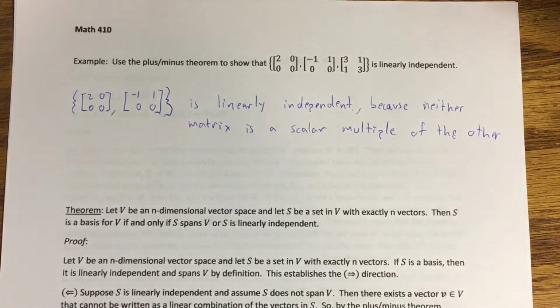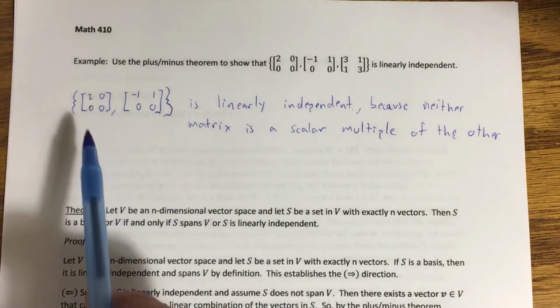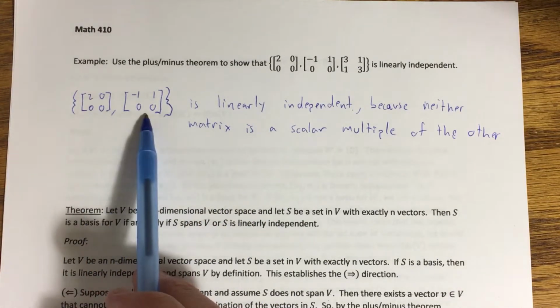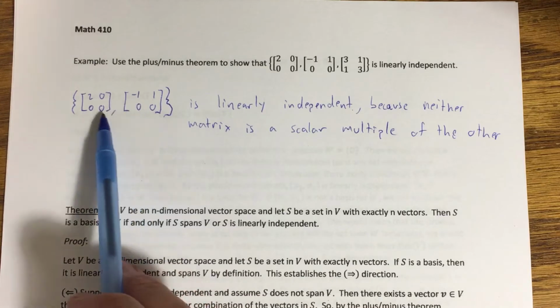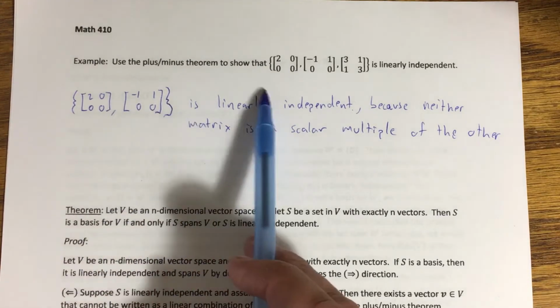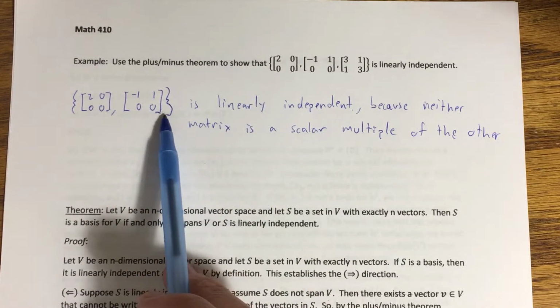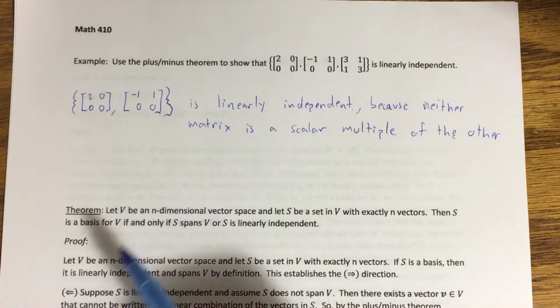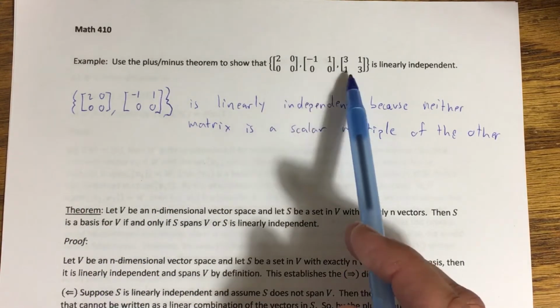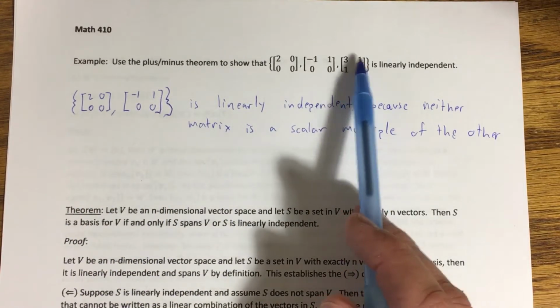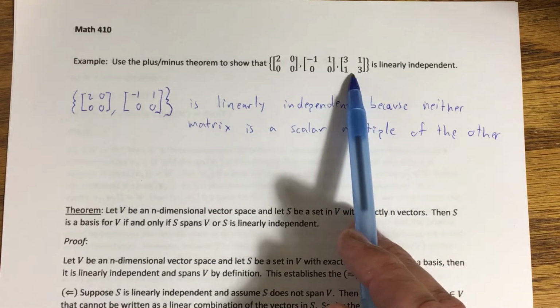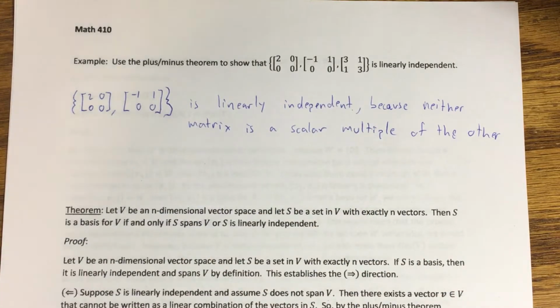So the plus-minus theorem, at least part A of the plus-minus theorem, says that if we have a linearly independent set, and if we take a vector that's not in the span of that set and throw it in there, then that new set would also be linearly independent. Well, in this case, this third matrix right here, [3, 1, 1, 3], is the new vector that I want to add to this and get linear independence.